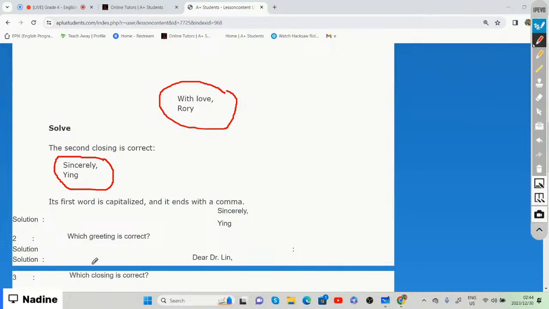If you're writing to the doctor, the teacher, the principal, then we put words like yours sincerely or sincerely yours. But if we're writing an informal letter, either to a family member or to a friend, right, then we can, for example, use words like with love, your niece, your friend, your best friend, and the name.